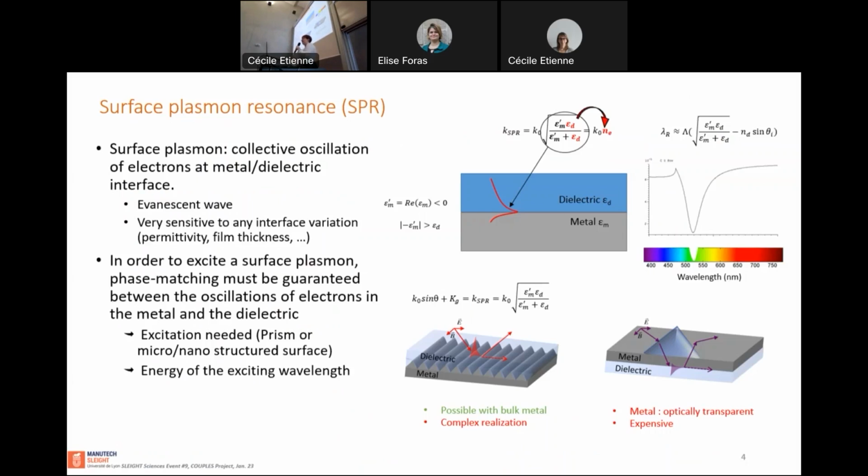It's this resonance that is measured for our sensors. SPR is a good, sensitive technique for sensing devices. It has been well implemented in the literature for many years, for example in gas detection or mostly in biosensors.